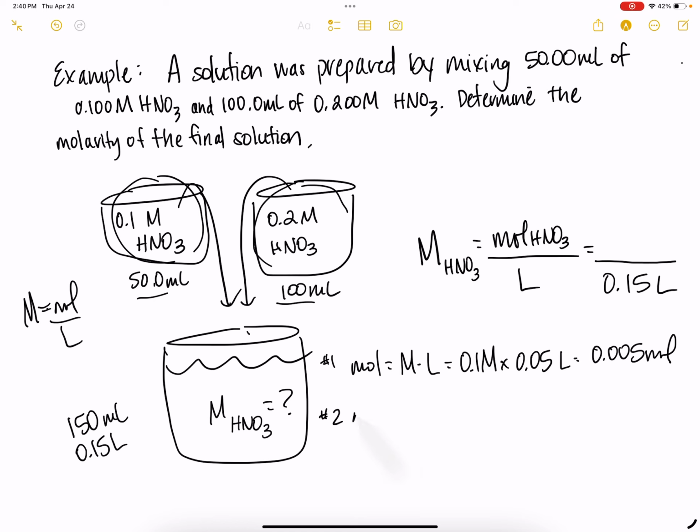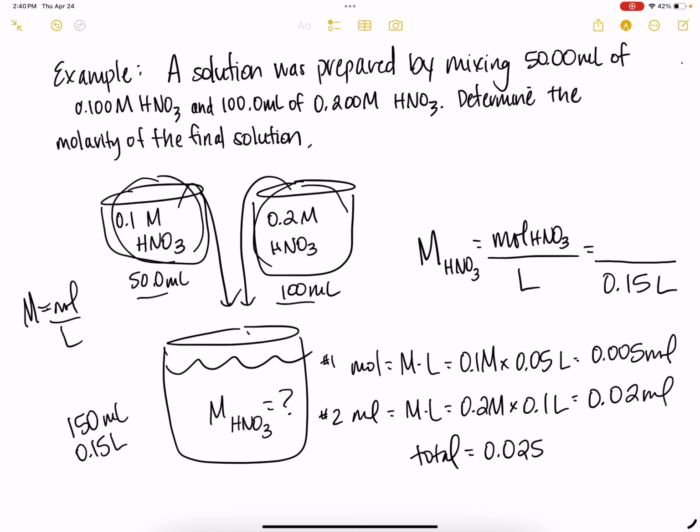In my second container, I can do the same thing. My molarity was 0.2. My volume was 100 mils, which is 0.1 liter, and so my moles in container 2 were 0.02 moles. I now know the moles in the first container and the moles in the second container, and so when I mix those two together, moles are additive, and so I can add my 2 mole values together, and that is in fact the total moles of nitric acid that are in my container.